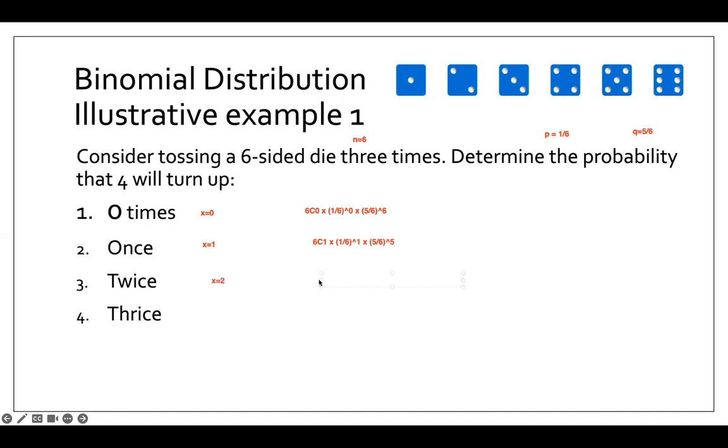So what you have is 3 choose 2 times 1 over 6 raised to 2, times 5 over 6 raised to, well, 3 minus 2 is 1. And here it will be X equals 3. That's thrice. So therefore, 3 choose 3 times 1 over 6 raised to 3, times 5 over 6 raised to 0.